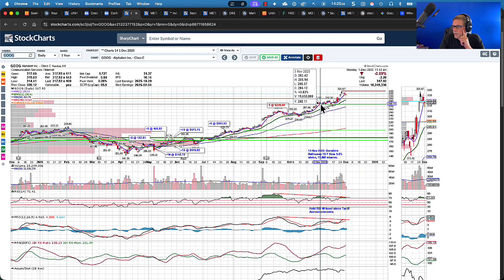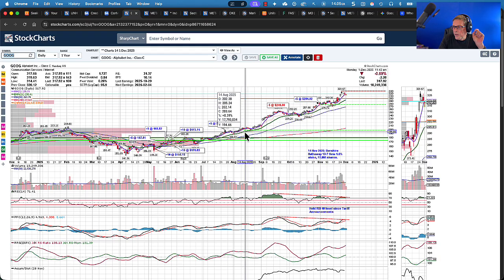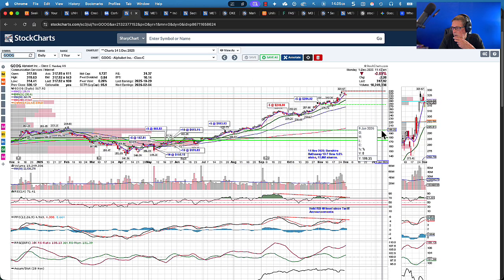I do have some support identified here that goes back to about the 3rd of November, which is at 278. And then I have one that goes all the way back to about the 13th of October, which is about $200, which happens to coincide pretty closely to the 200-day moving average.